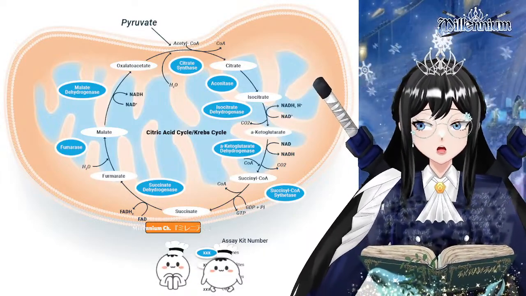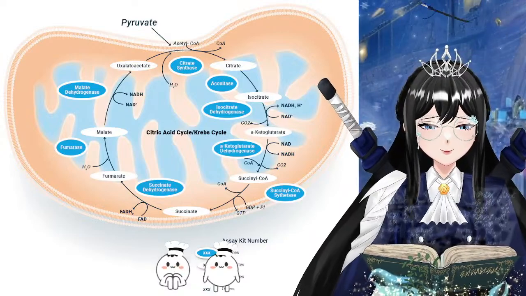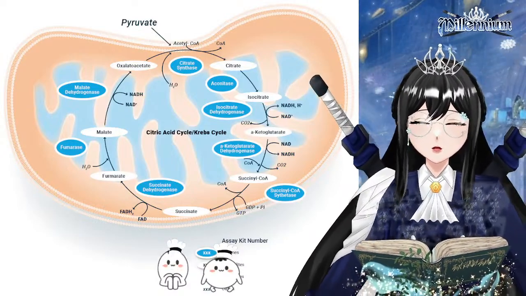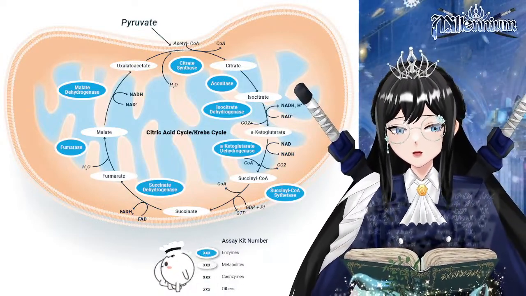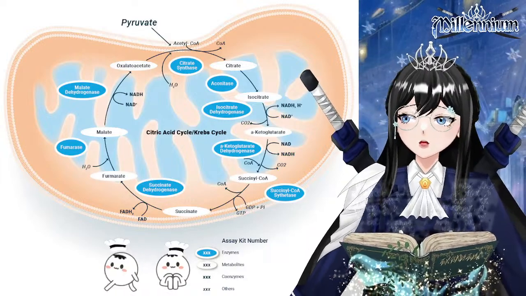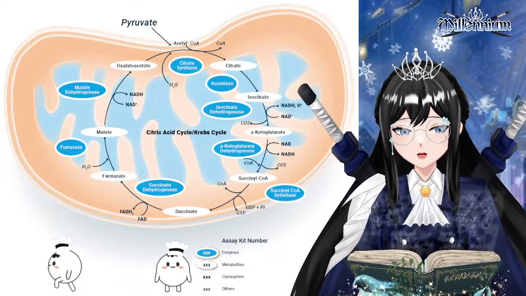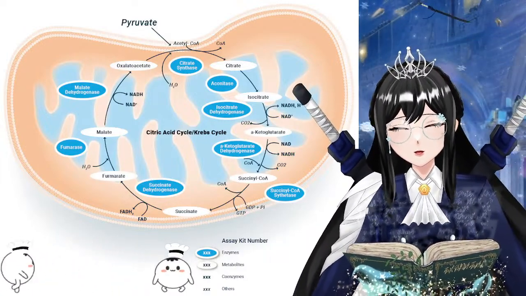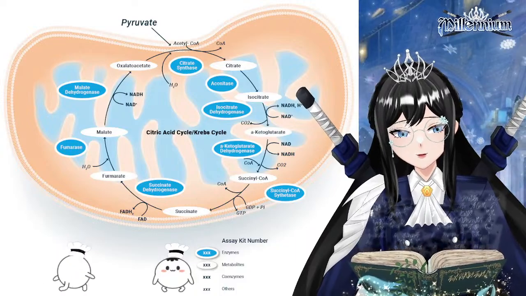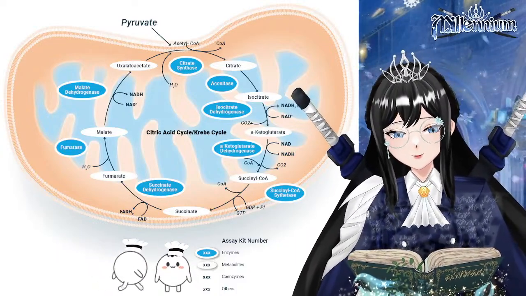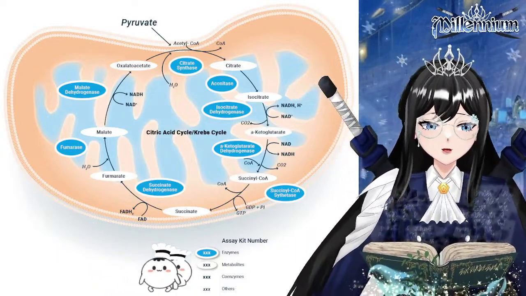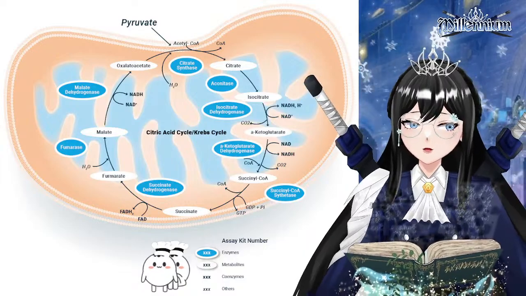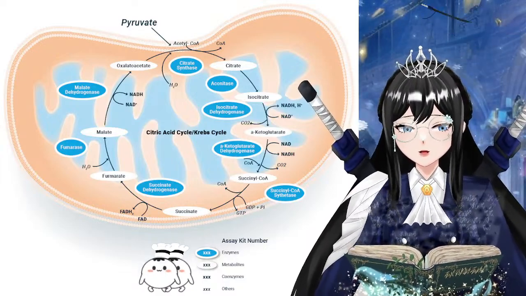So if you want to talk about the 4 electron carriers, complex 1 is the NADH dehydrogenase, also called NADH-CoQ reductase. It receives electrons from NADH and passes them to coenzyme Q, or ubiquinone, via FMN.